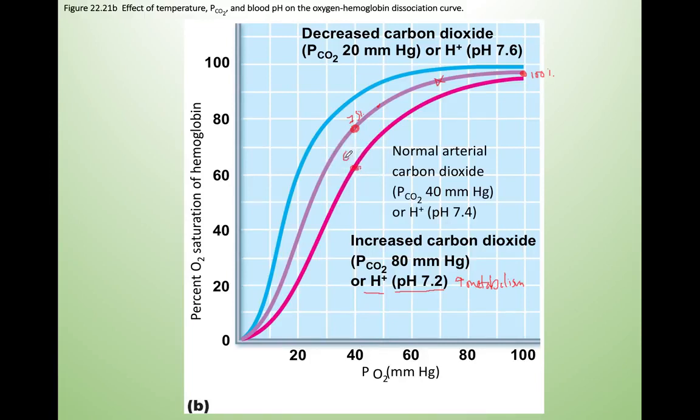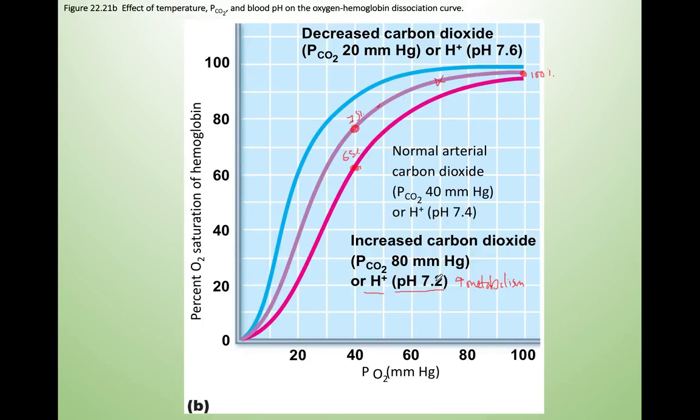I would say about 65%, a little bit less than 65, but about 65% saturation versus 75%. So if I have high carbon dioxide and high hydrogen concentration, which implies low pH, my body is going to release its oxygen. So hemoglobin affinity for oxygen is going to be low.